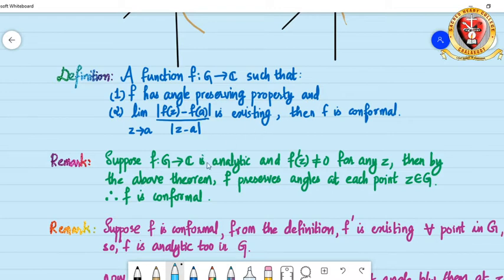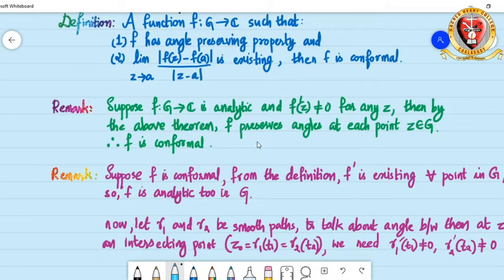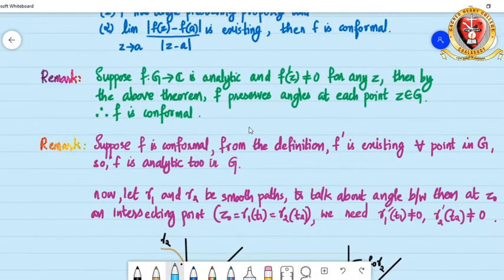Okay. So from the definition itself, we are moving on to two remarks. The first remark says, suppose f is analytic, a function from G to C, and f dash of z not equal to 0 for any z.